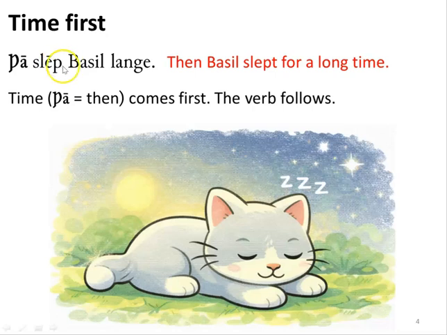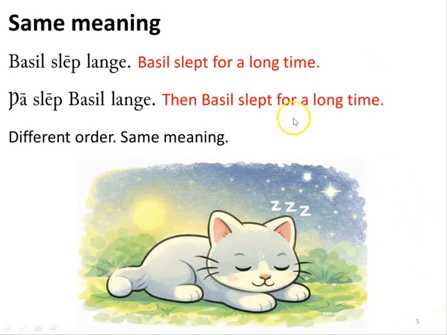All right, let's put time first. Thar slēp Basil lange. Then Basil slept for a long time. Time, thar, equals then, comes first. The verb follows. Same meaning. Basil slēp lange. Basil slept for a long time, as before.